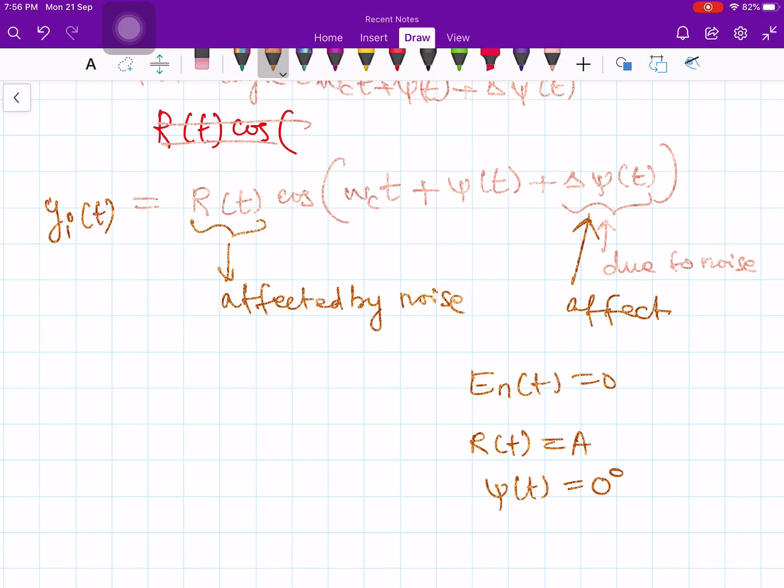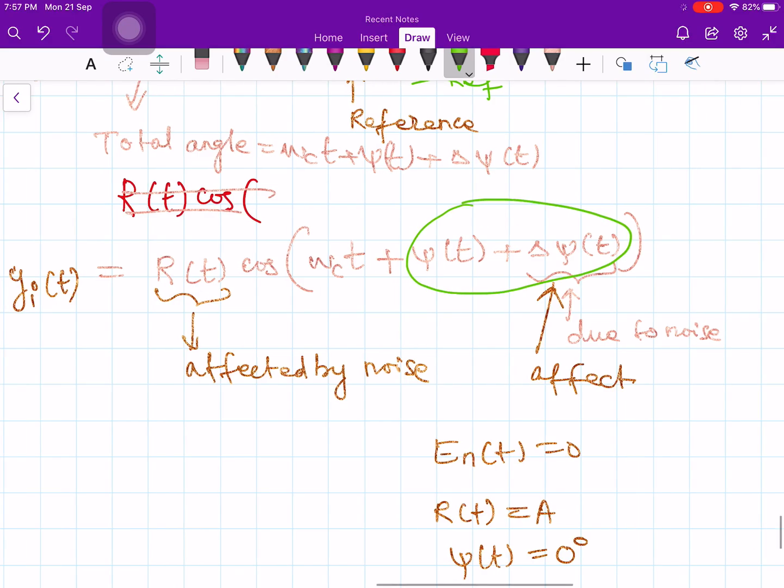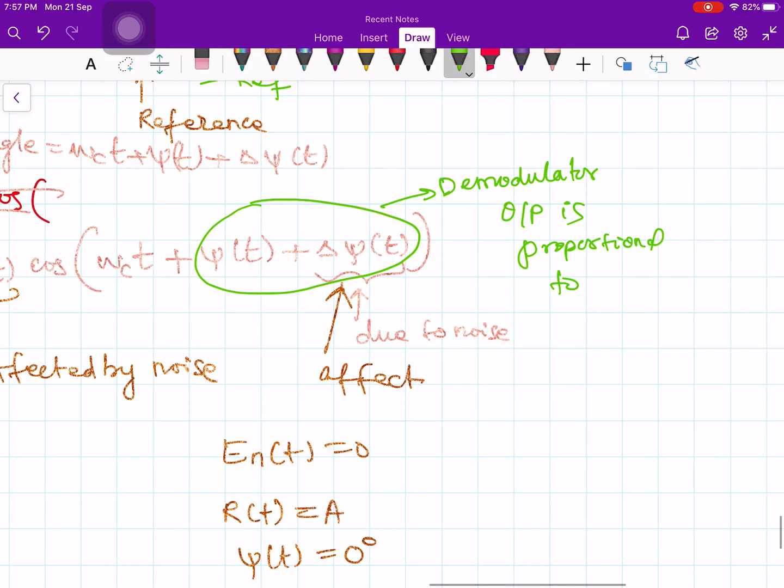So really speaking, the angle demodulator will produce an output proportional to the instantaneous phase angle. What is the instantaneous phase angle? This guy. So the demodulator output is proportional to psi of t plus delta psi of t, and this delta psi of t depends on the noise.